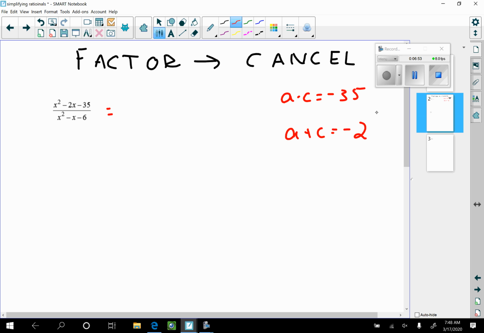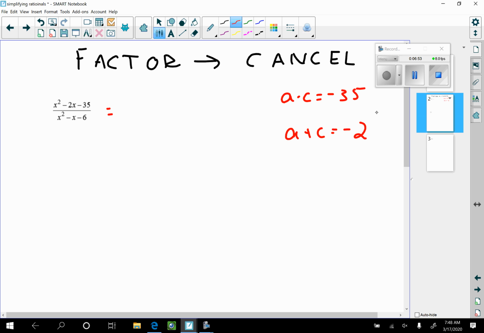Right off the get-go, I see that that's going to be 7 and 5. Negative 7 times 5 is negative 35.